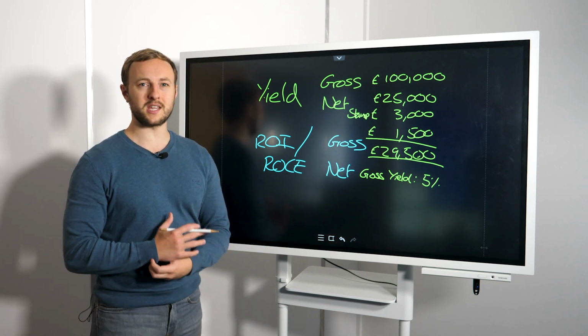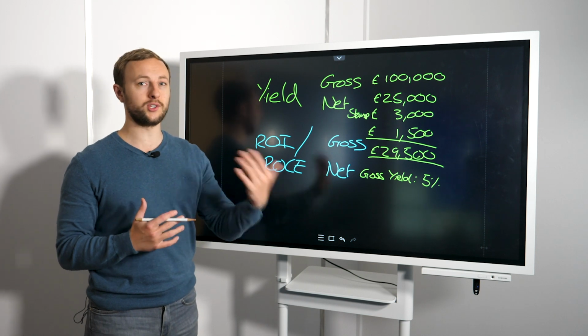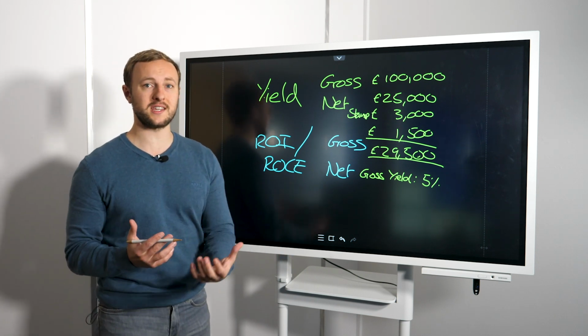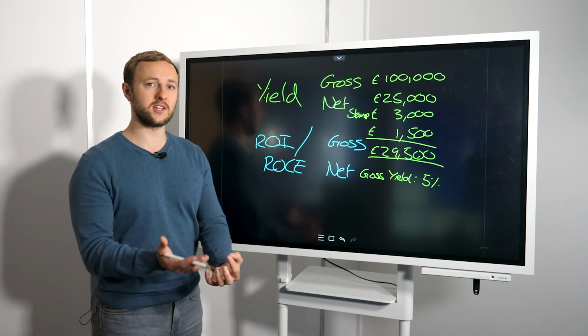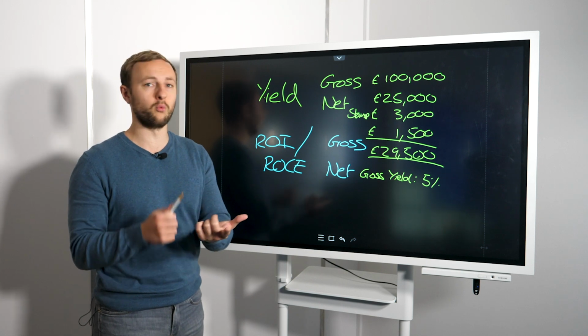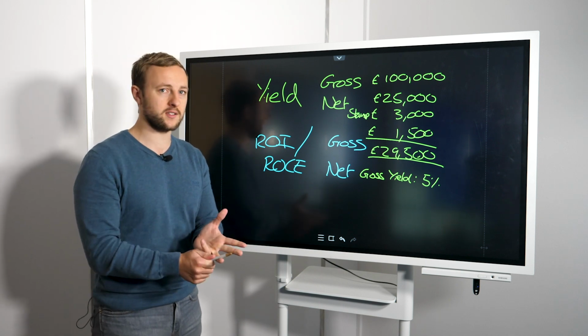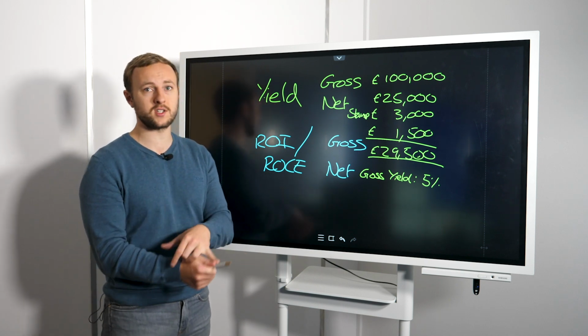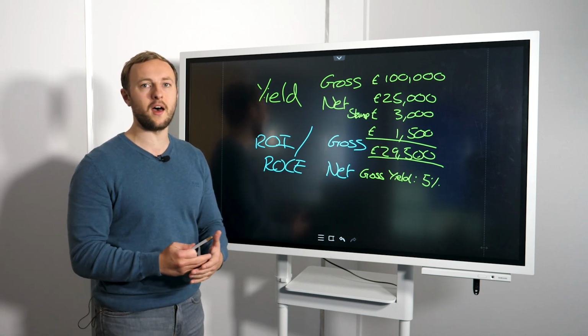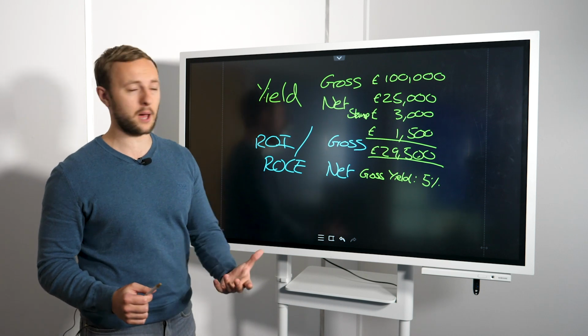But normally when I'm sending out brochures, I'll put yield on like the first level stuff. And then when an investor gets in touch, I'll understand their situation a lot more. So I'll know what mortgage they're using, or what leverage they're using, what finance they're using, what are their costs of finance, what insurance they're using, all of those things. So I can work out a net and then work out the return on capital.